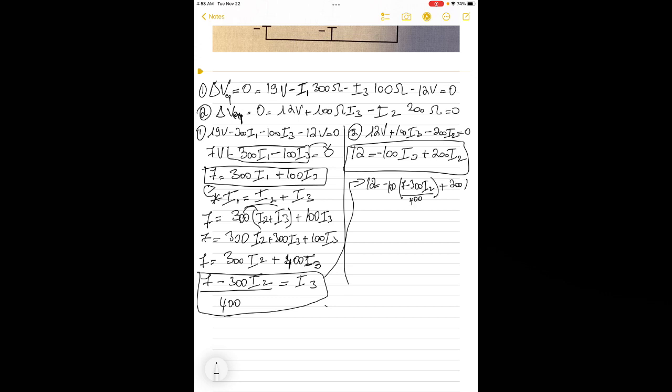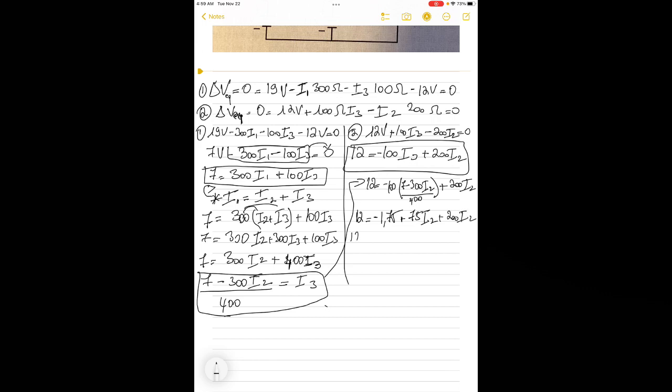Plus 200 E2. Multiplying out, 100 times 7 divided by 400 is 1.75, so minus 1.75, and plus 100 times 300 divided by 400 gives 75 E2, plus 200 E2.